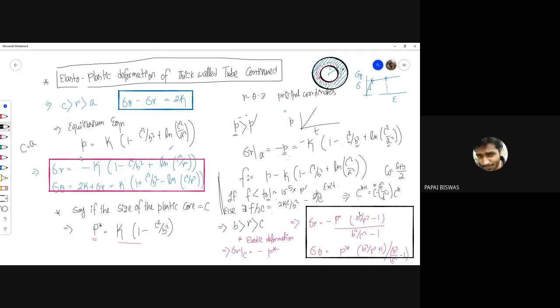This term becomes 0, right? Because C squared divided by A squared, if C equals A, becomes 1, and ln 1 is 0. So essentially that would give us P equals P prime. And that way we know that our formulation is consistent.